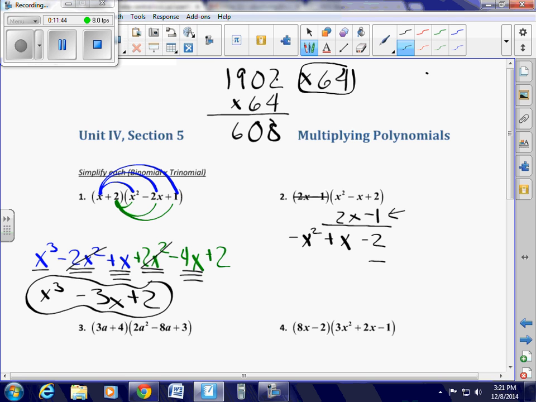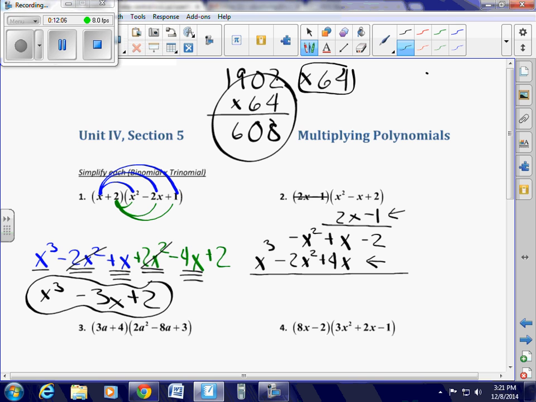Now I'm going to indent one space just like we would do up here, and I'm going to do the same thing with 2x. 2x times 2 is positive 4x, and look at my like terms lining up. 2x times negative x is negative 2x squared. And then 2x times x squared is x to the third.